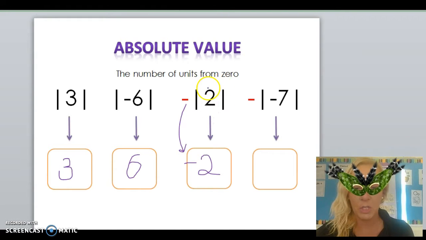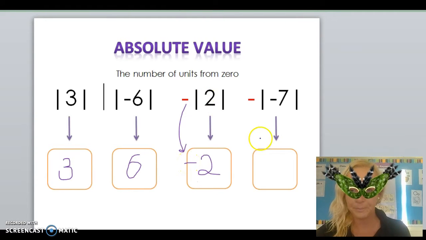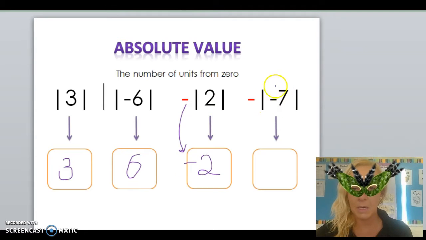So the absolute value of 2 is 2, but because the negative is up front, this would read negative absolute value of 2. So we apply that negative afterwards. And then same thing here. -7 is 7 units away from 0. And I'm going to apply the negative afterwards.